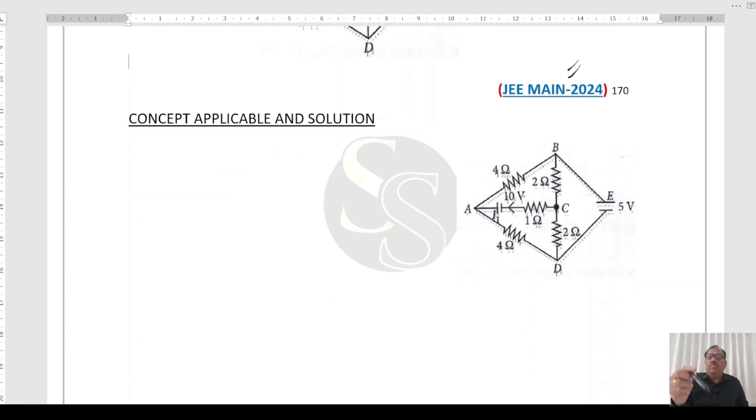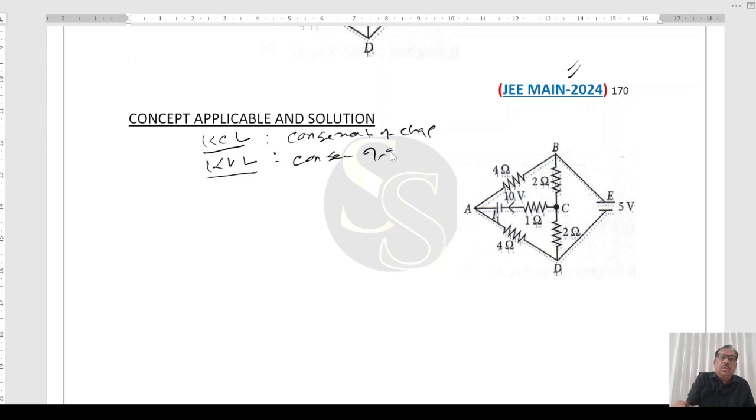The concepts applicable in the solution: one is KCL, the other is KVL. Kirchhoff's current law and Kirchhoff's voltage law. KCL is based on conservation of charge, and KVL is based on conservation of energy. KCL is summation I equal to 0, applicable at a junction.